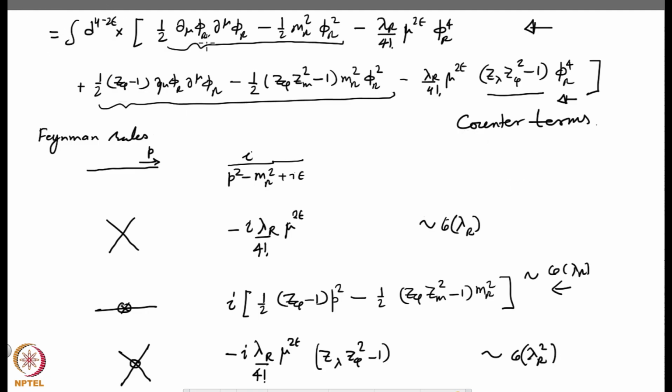Because when you have written the action in terms of renormalized fields and parameters, this is a term which you produce, okay? That has an explicit lambda r here, and because of the Z's, you get another factor of lambda r. I mean, it starts at order lambda r, this piece, so that's why it's lambda r square. So we have this vertex.